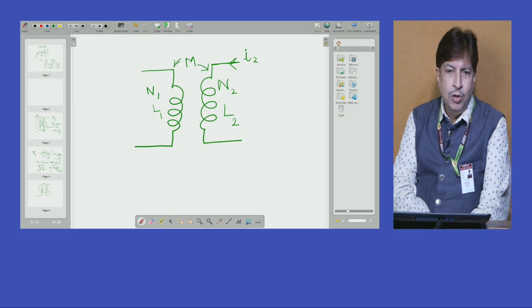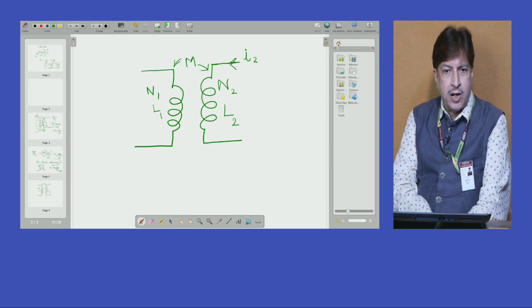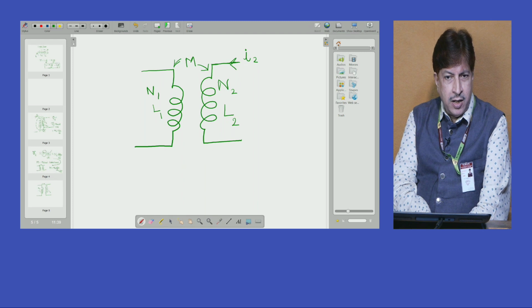Now, which coil will have self-induced EMF? Obviously coil number 2 will have self-induced EMF. The reason is that the current is its current. The current is flowing through coil number 2, hence self EMF is always in coil number 2.